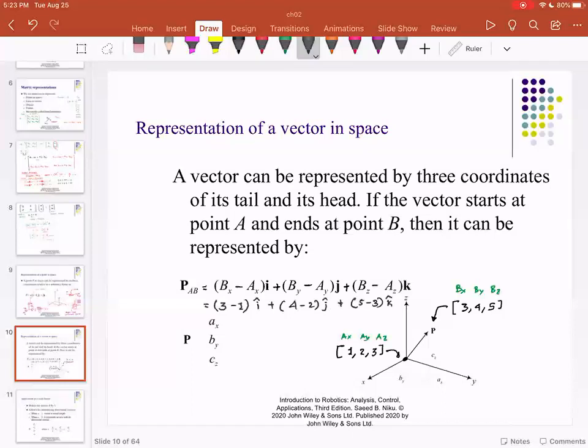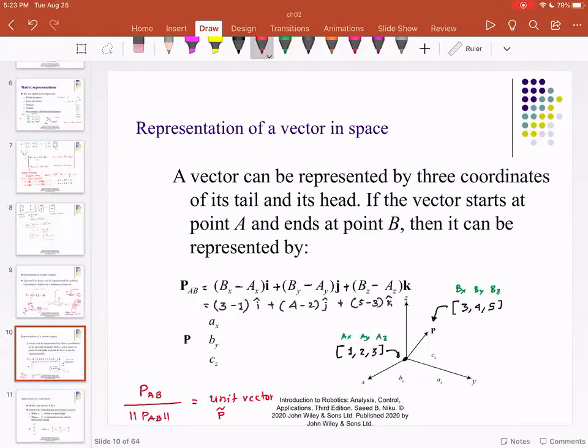But recognize that this vector is not a unit vector because it has a magnitude which is not equal to 1. However, if you divide this vector PAB by the magnitude of PAB, you will get a unit vector in the PAB direction. So the unit vector, I'm going to call it P hat.